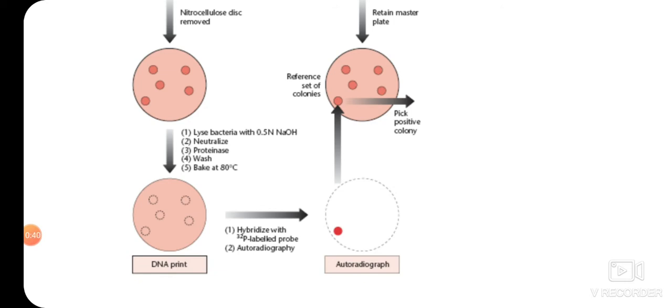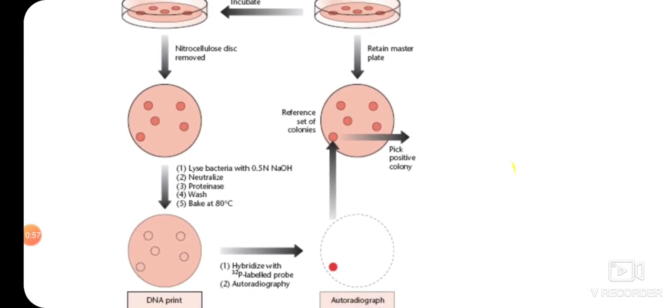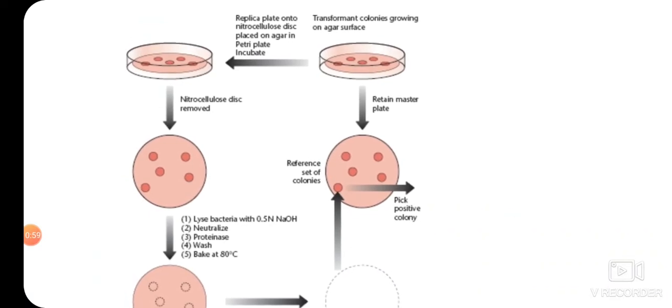If the target DNA is present in any of those colonies, hybridization will happen only at that position. When we do autoradiography, we get a spot at that position. By matching the position on the membrane with the master plate, we can identify the colony carrying our recombinant DNA vector, which can be isolated separately and further used.